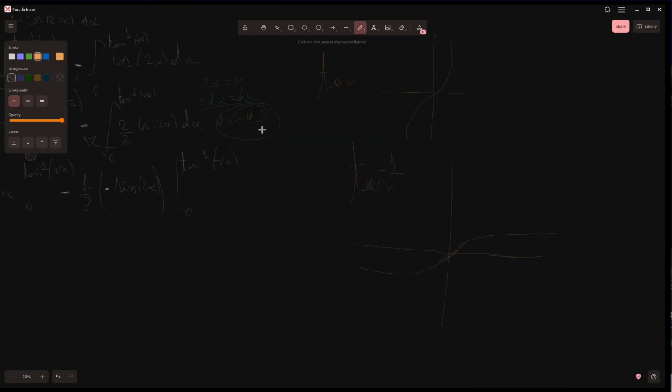So we know that this limit here of the tangent is pi over 2, and this limit is minus pi over 2. So the range of this function also needs to have the same limits as the domain here. That would be the upper limit, which is pi over 2, and this is minus pi over 2.